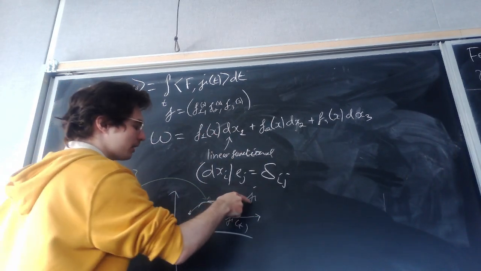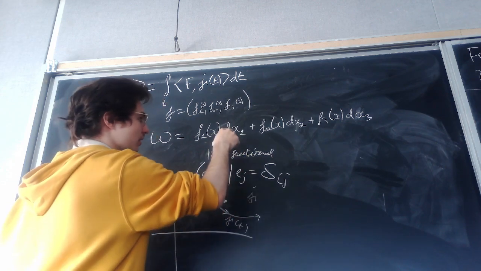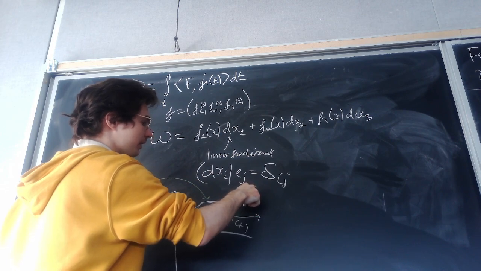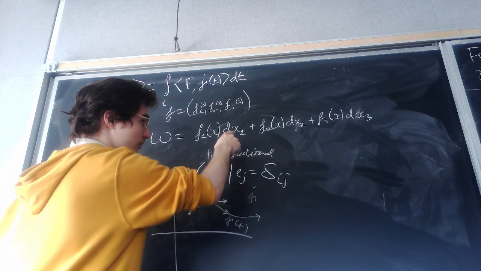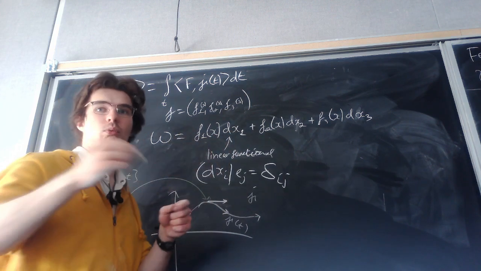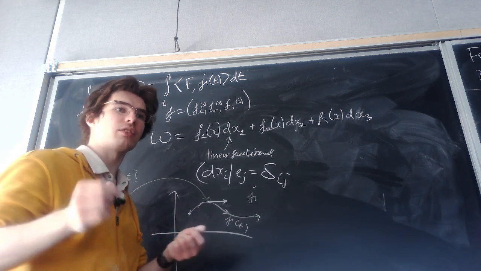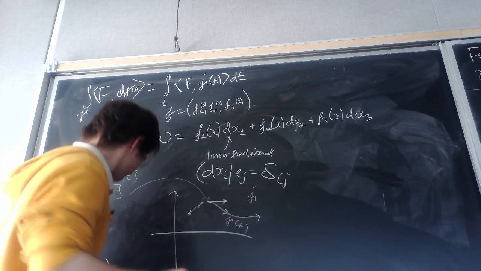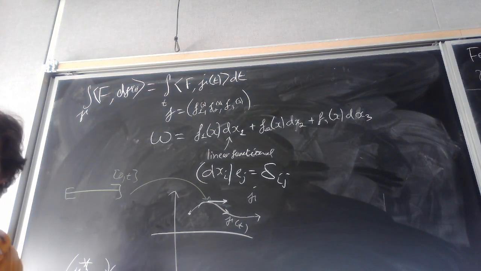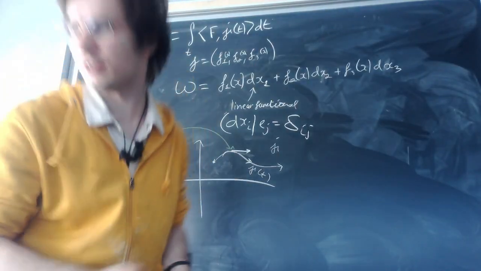But if I plug gamma dot into dx1, I'm just going to get d gamma 1 of t, and so that's just going to be gamma dot dt. So I'm not explaining this well at all, and I will move on from this very quickly, so that you guys actually get to read about this properly.